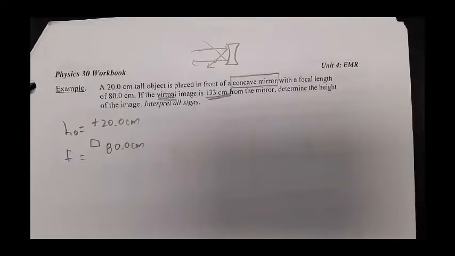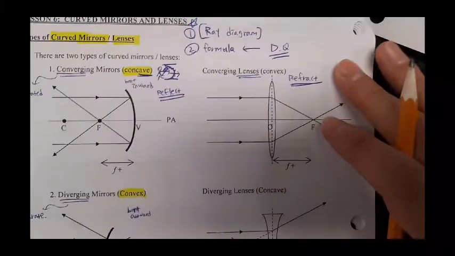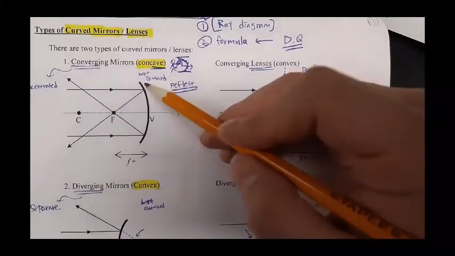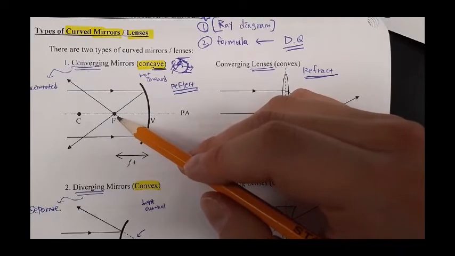If you want to double check, let's go back to our page over here. We need to determine whether it's converging or not. Concave mirrors are concentrating light towards one side using a real focus, so it is positive f.